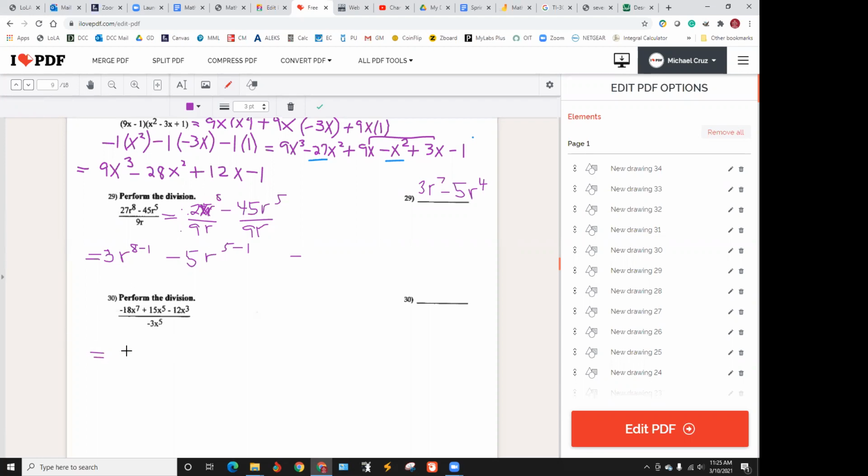It means do it 3 times. And then it's positive divided by negative, so I'm going to put a negative there.